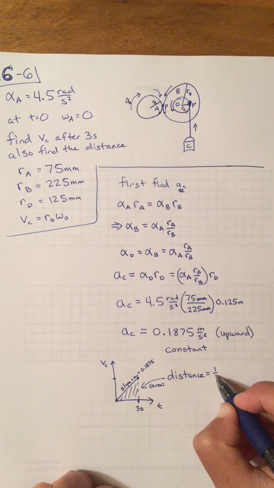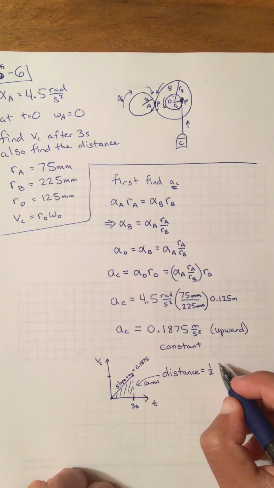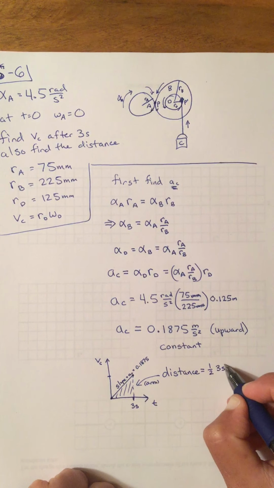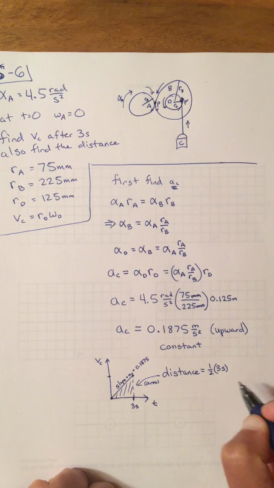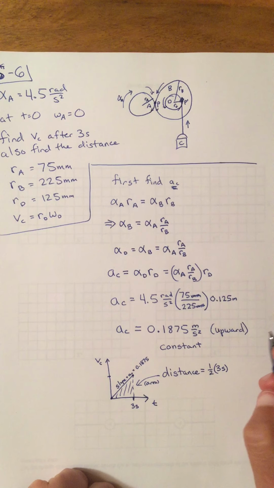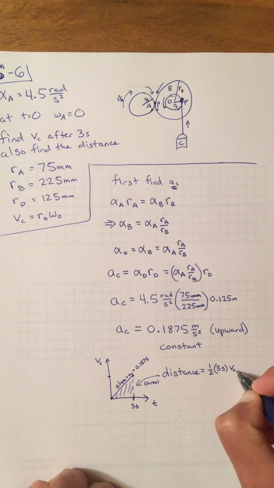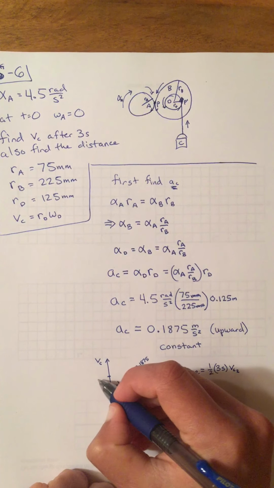That is, since it's a triangle, 1/2. The base is 3 seconds. And the height is the velocity, which I didn't find yet. What do I want to call that? How about VC2?